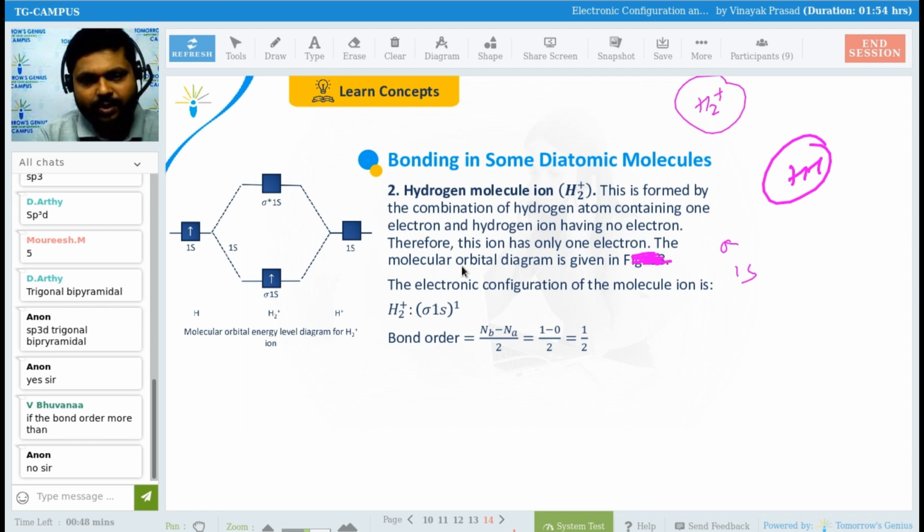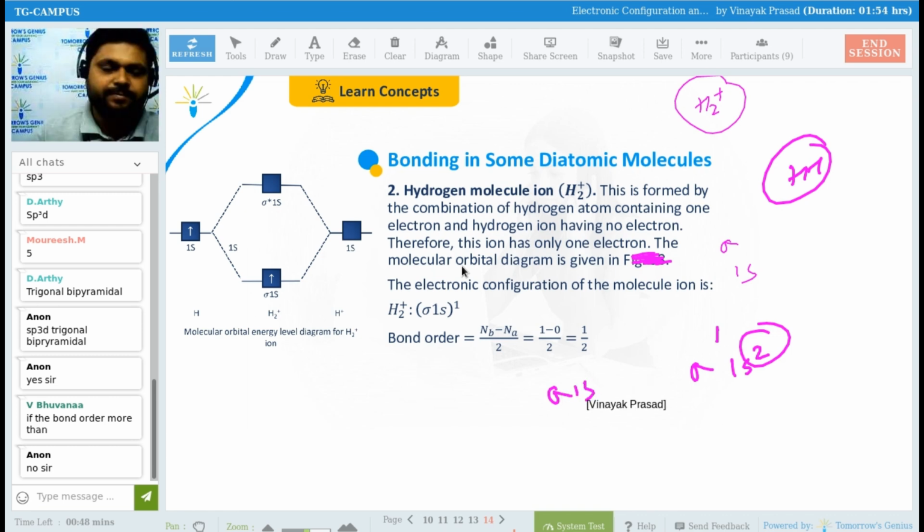So the electronic configuration will be what? It should be sigma 1s2, sigma star 1s2 for H2, but here there will be no 2. Here it will be sigma 1s only. Getting my point, everyone?